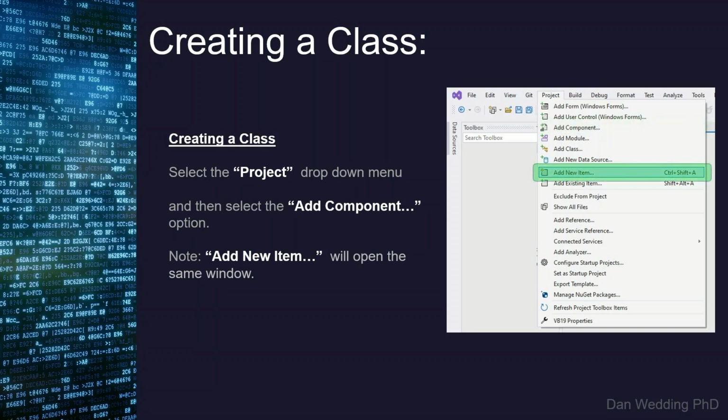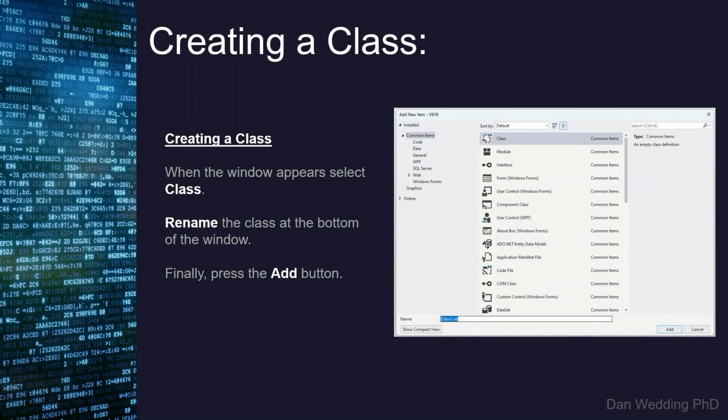Note, Add New Item will open the same window. When the window appears, select Class. Rename the class at the bottom of the window, and finally, press the Add button.